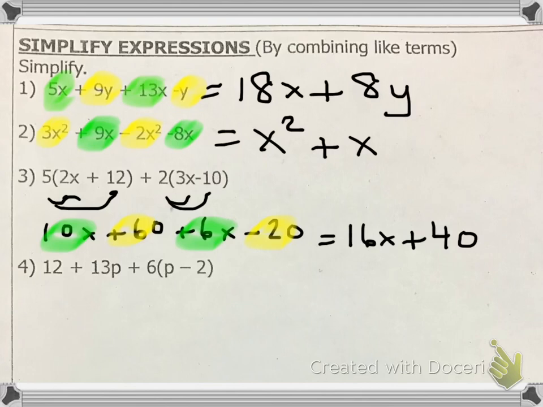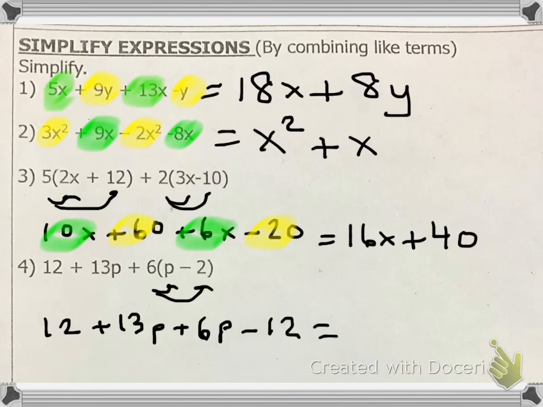All right, our last example, number 4. Again, I see these parentheses here. We have to get rid of those by using the distributive property. So we're going to multiply 6 times p and 6 times 2. Before that, I'm going to bring everything else down. So we have 12 plus 13p plus 6p minus 12.